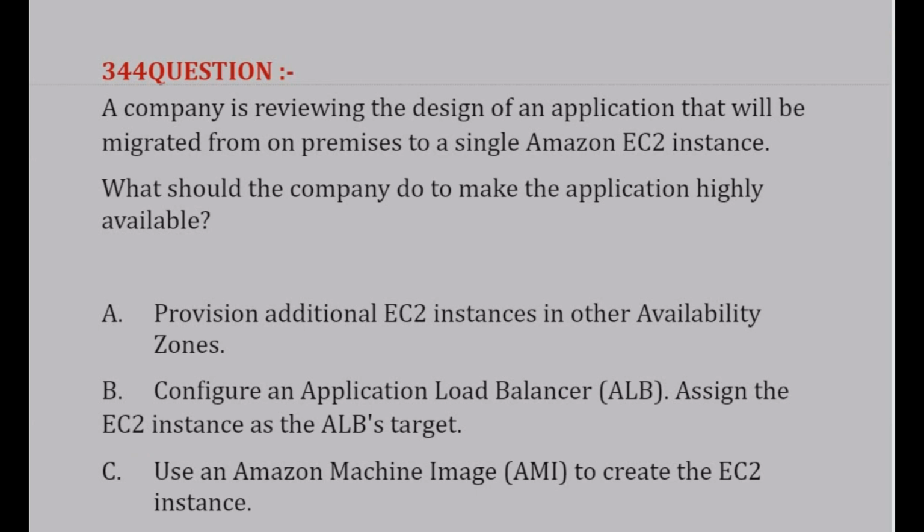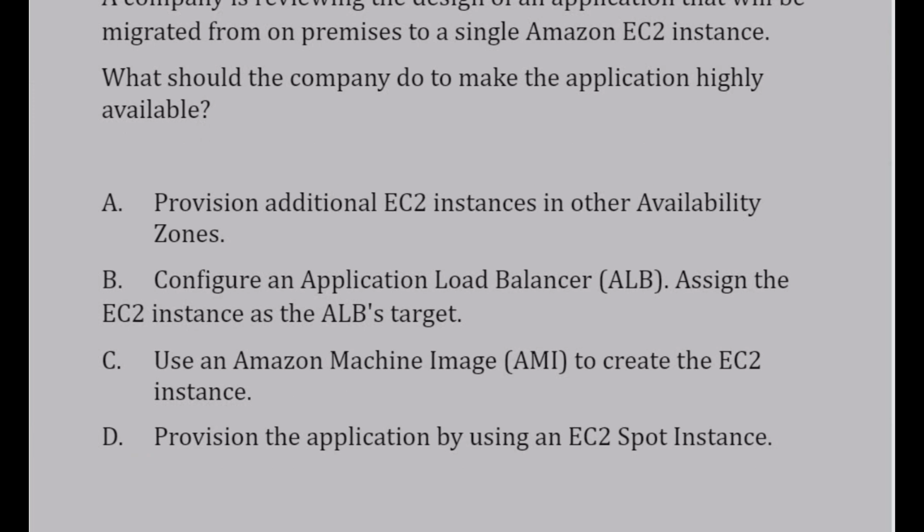Question is, a company is reviewing the design of an application that will be migrated from on-premises to a single Amazon EC2 instance. What should the company do to make the application highly available? Option A, provision additional EC2 instances in other availability zones.